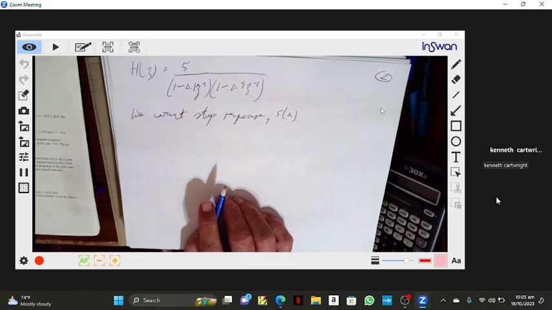You don't need to find the impulse response to find the step response. Anybody else? Let's get back to what you said. How is finding an impulse response going to help you find a step response?